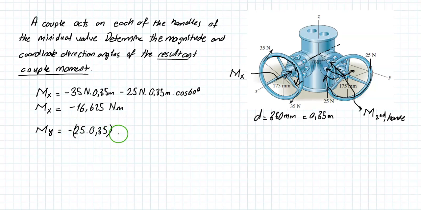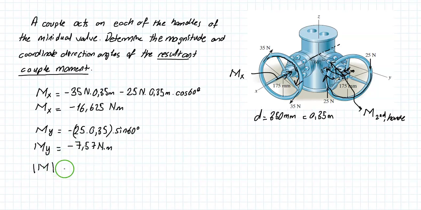So that's my moment, and by multiplying this by sine 60, I'm going to be finding, that's 60 degree, so sine 60, and it's pointing towards the minus y-axis, and that will be equal to moment y equals minus 7.57 Newton meter.